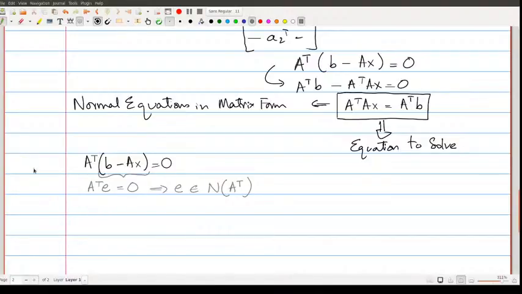And remember when we drew that picture, the big picture of linear algebra that Professor Gilbert Strang has taught us: the column space of A is perpendicular to the null space of A transpose. That means if there's a vector E in the null space of A transpose, then E is going to be perpendicular to the column space of A, which is really what we needed.